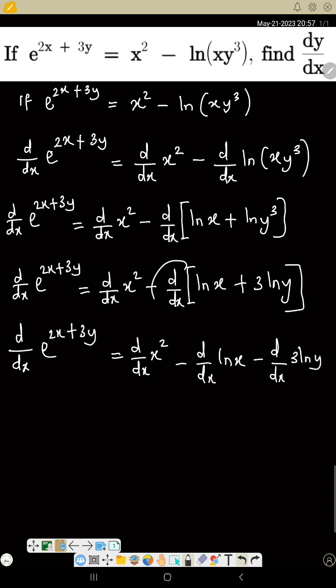So that is this, there will open the bracket there. So I can now differentiate everything now.